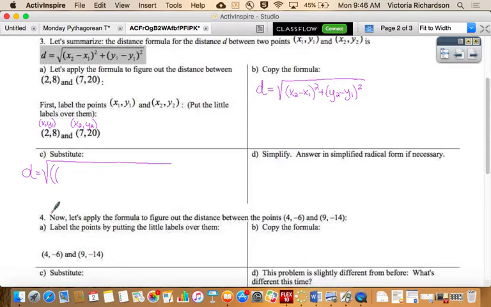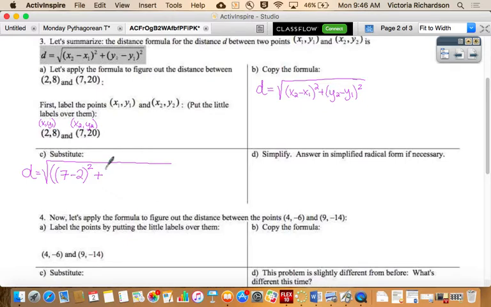So I'm going to start with x2. So in this case, x2 goes with the number 7. And then I'm going to subtract, because that's my next symbol. Then I have x1, which is 2, close parentheses, squared, and then plus, because that's what's next here. I closed my parentheses, I squared, and I put a plus.